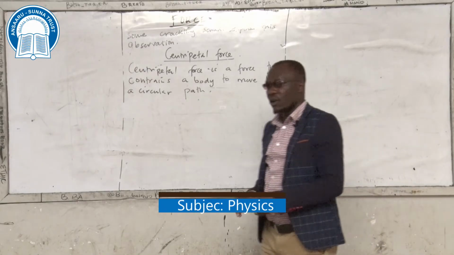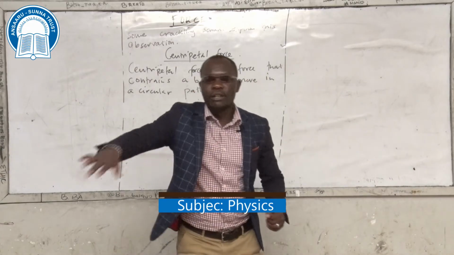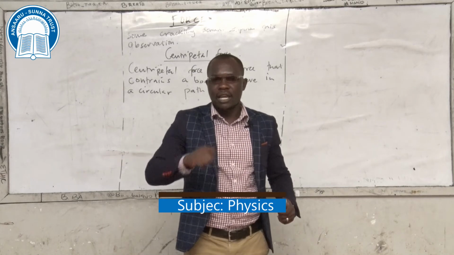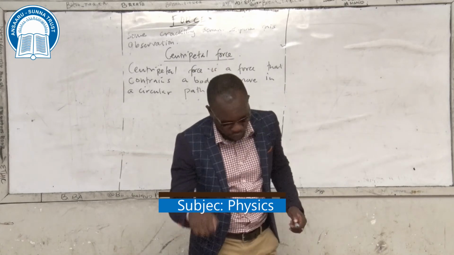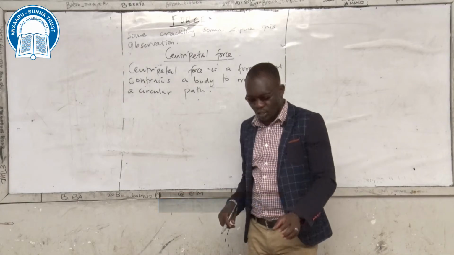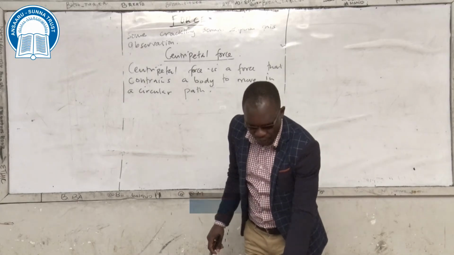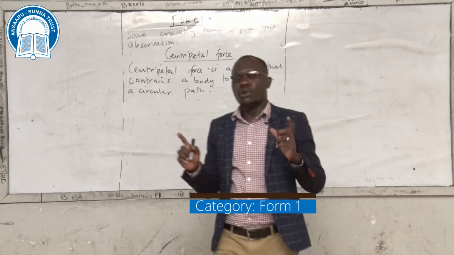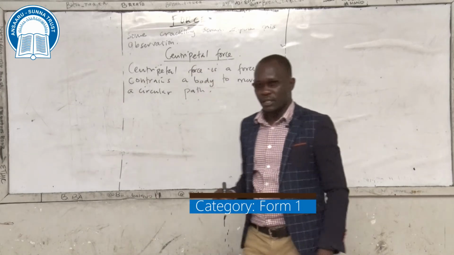The same thing occurs when you are swinging the stone. The moment you stop swinging, the stone will continue making circular paths, and that is also because of centripetal force. So centripetal force is a force which constrains or makes bodies move in a circular path.